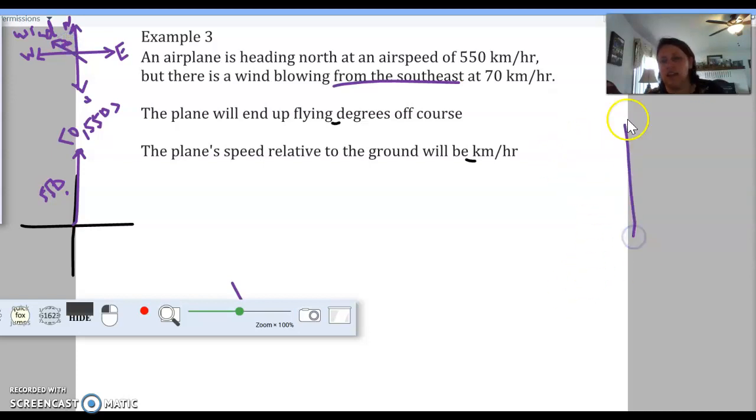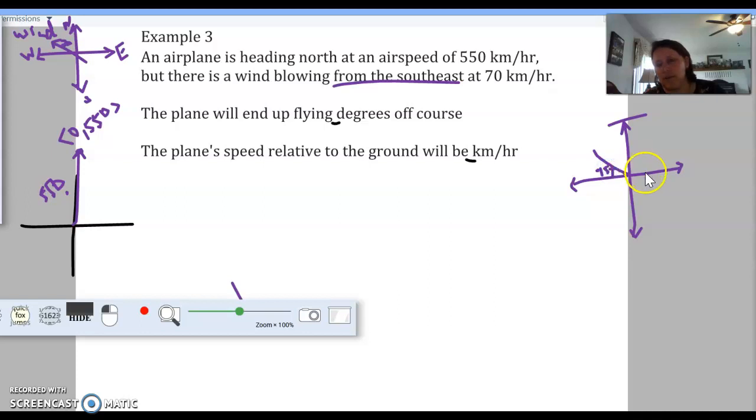Let's draw that again over here. We would have a vector come in this direction. It's going to be 45 degrees off of the x-axis.